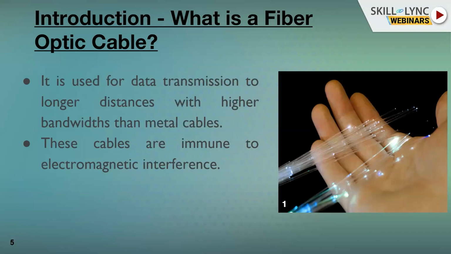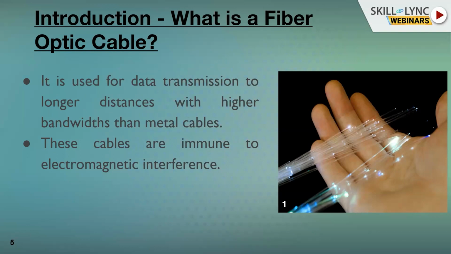So fiber optics are used to transmit data for longer distances with higher bandwidth than metal cable. That means the metal cables have some resistance and lagging of the data. So that's why we use fiber optic cable, so that we can transfer data in a very fast way as well. That's why every country is turning to fiber optic.